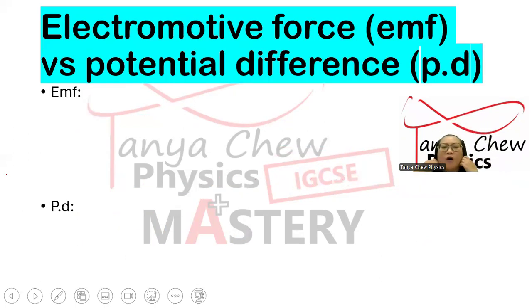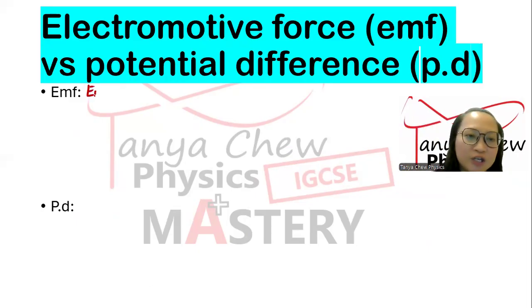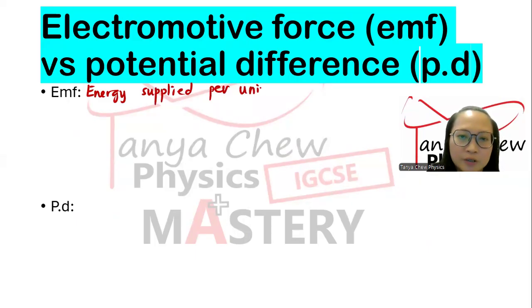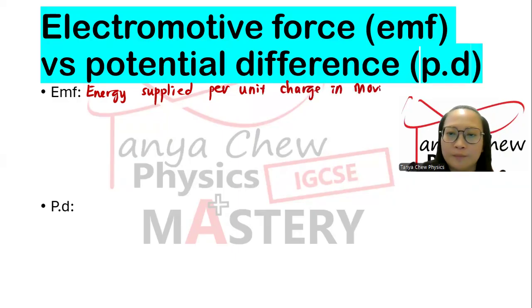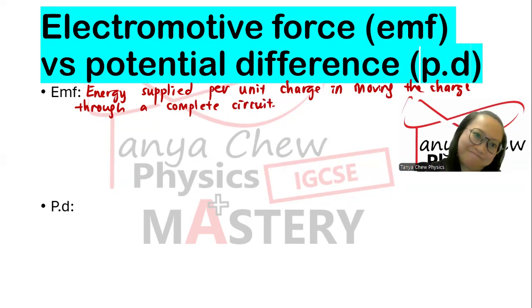Now, electromotive force or EMF, versus potential difference or PD. EMF is defined as energy supplied per unit charge in moving the charge through a complete circuit.